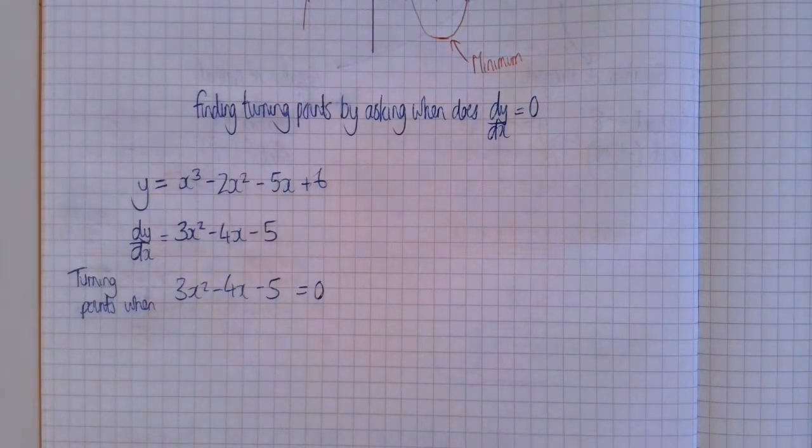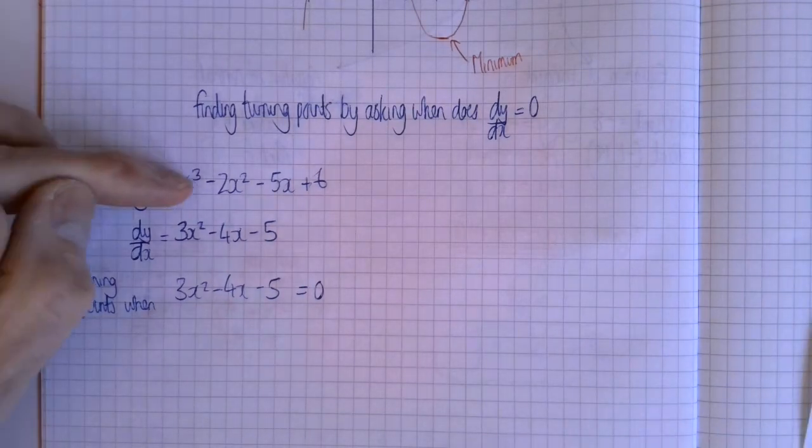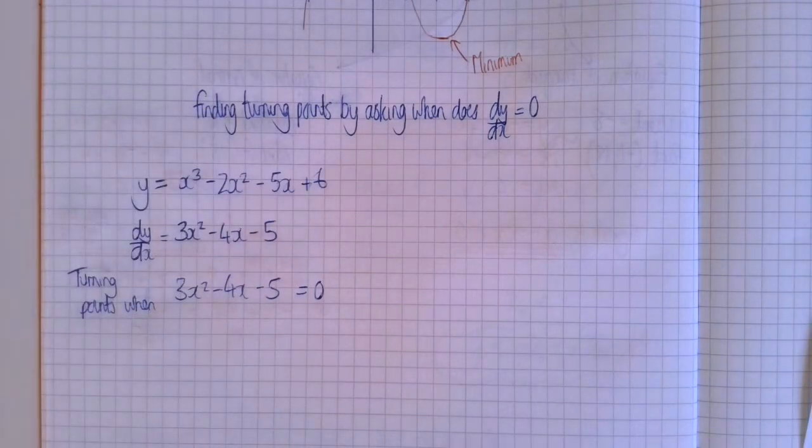We're now doing the reverse. We're saying find the values of x when this is equal to 0, when the gradient's equal to 0. Okay, go on then, solve that. You're probably not going to get particularly nice numbers. And then don't forget to work out the coordinates. We need the y values, so we have to take our x values, substitute them into our original function.